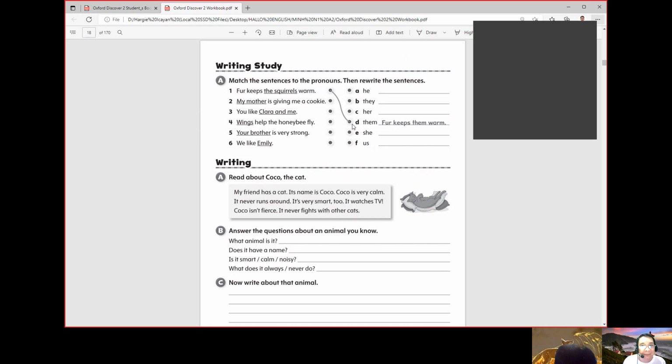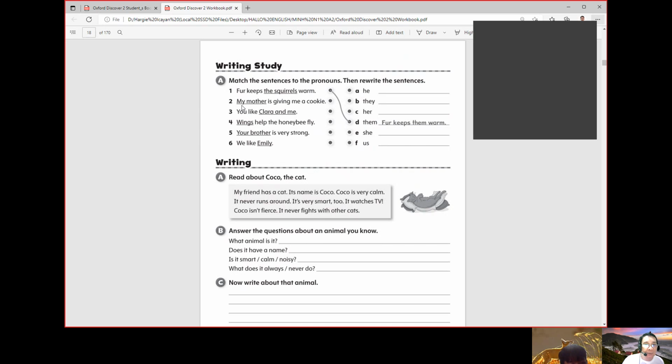Because of our subject, right? The subject here is the squirrels. So it has an S. Therefore it's plural, so we also have to use the plural pronoun, which is them.